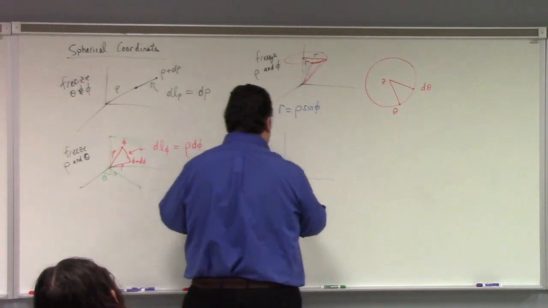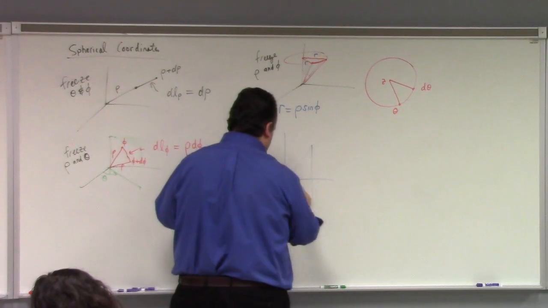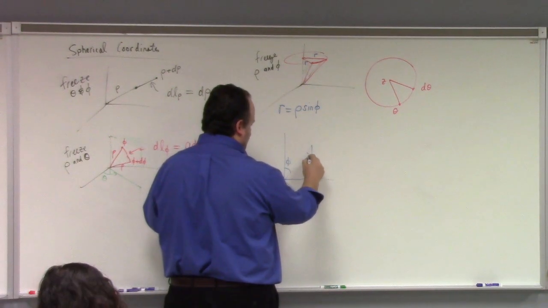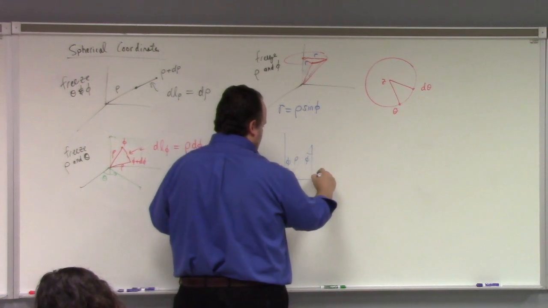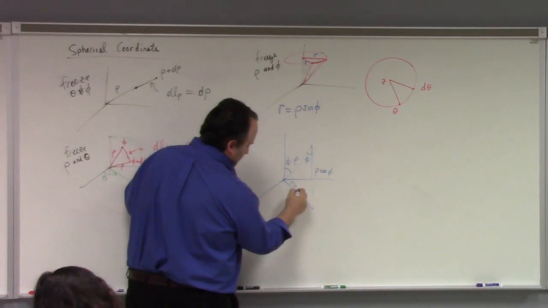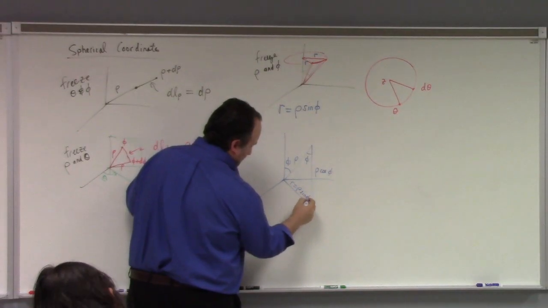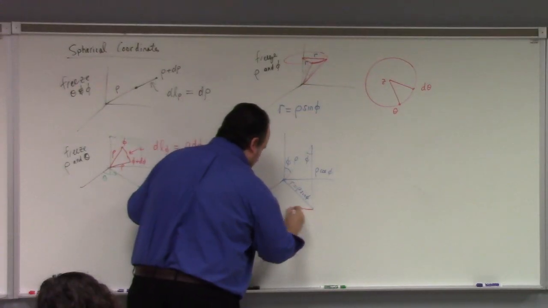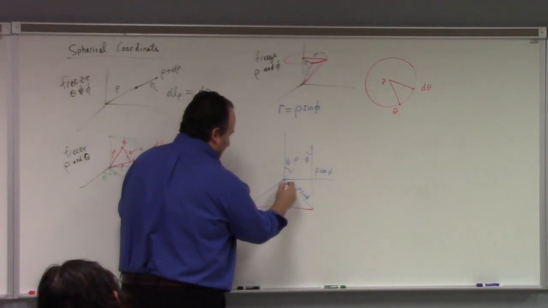So if we draw the picture for an arbitrary point, this angle is phi, but this angle is also phi. This distance is rho, so we've got rho cosine phi over here, and r is equal to rho sine phi down here, right? And if you imagine the triangle down here, that angle's theta.